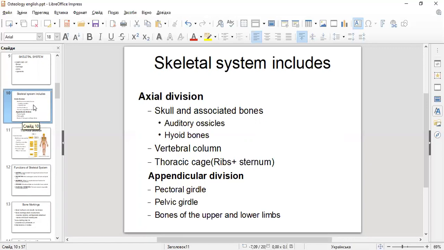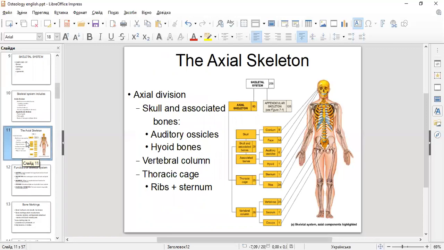The appendicular division consists of the pectoral girdle, pelvic girdle, and bones of the upper and lower limbs. Look at the slide, please.